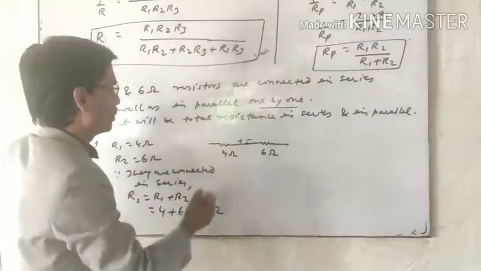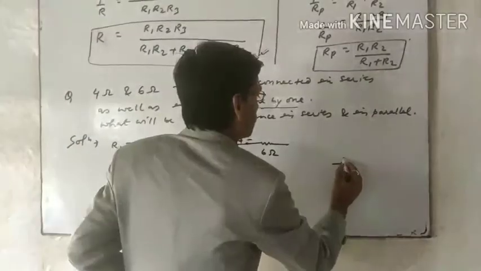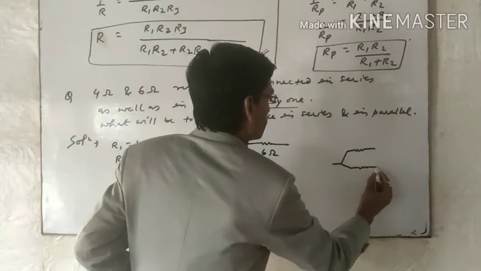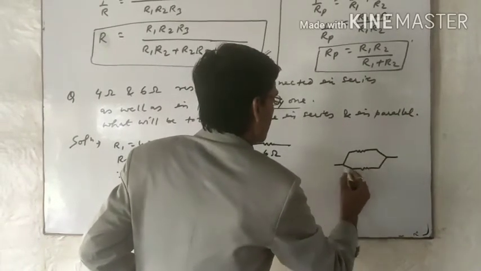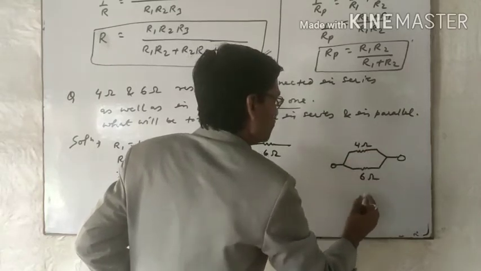Now pay attention to the second. But in case 2, these are two resistors connected in parallel, 4 ohm and 6 ohm.